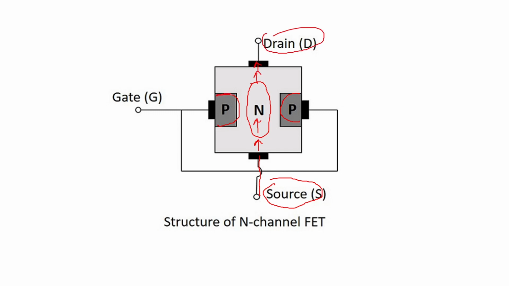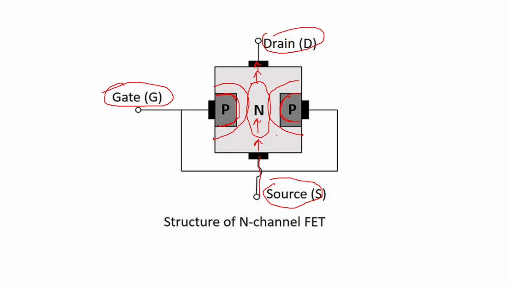The two P-type semiconductors are internally joined and taken as the gate terminal. As you increase the reverse bias on the gate, the width of the depletion layer will go on increasing, and the channel, that is the path from source to drain, will go on becoming less, and the current flow from source to drain will go on becoming less.